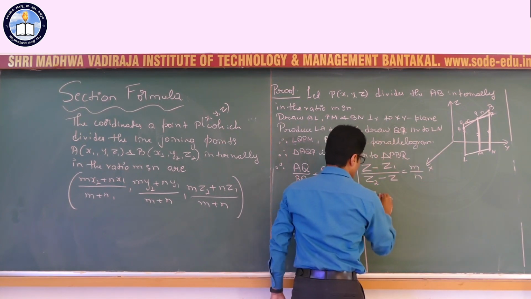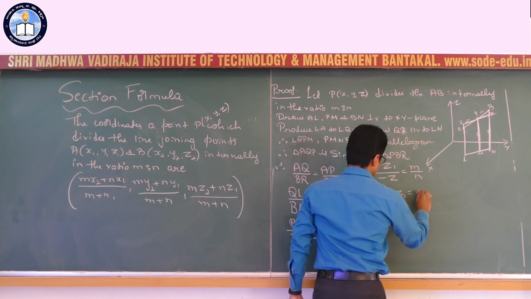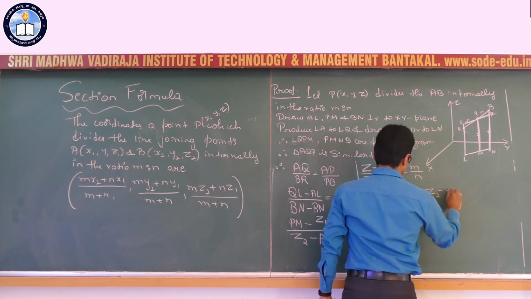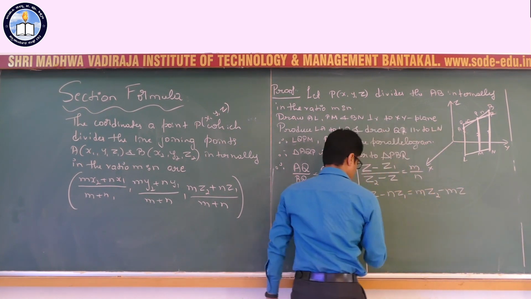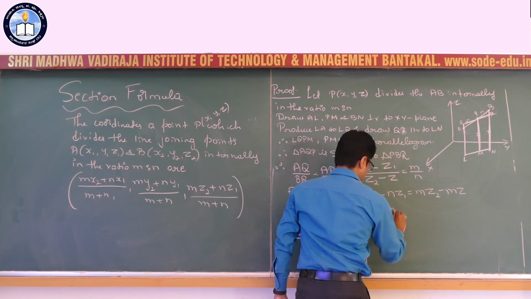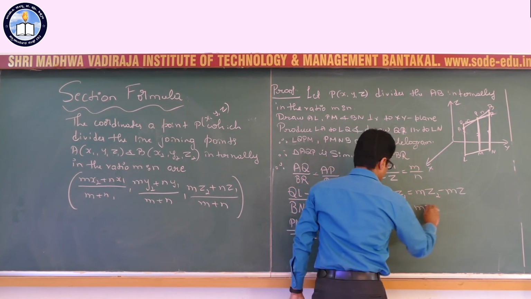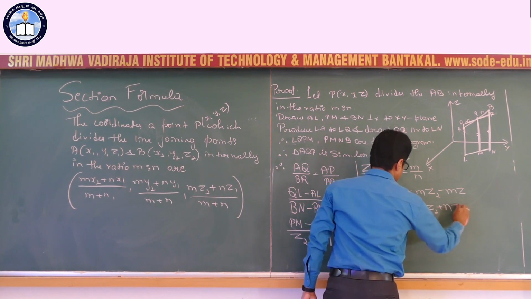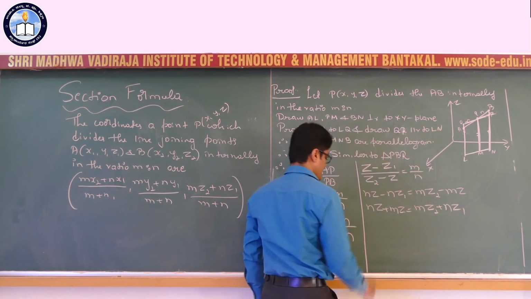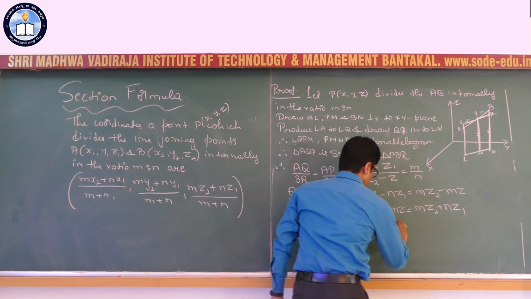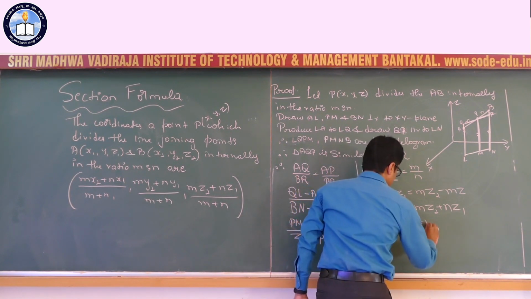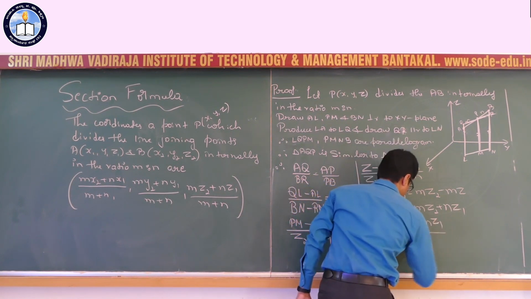So nz minus nz1 equals mz2 minus mz. So nz plus mz equals mz2 plus nz1. Correct? Therefore z is equal to mz2 plus nz1 divided by m plus n.